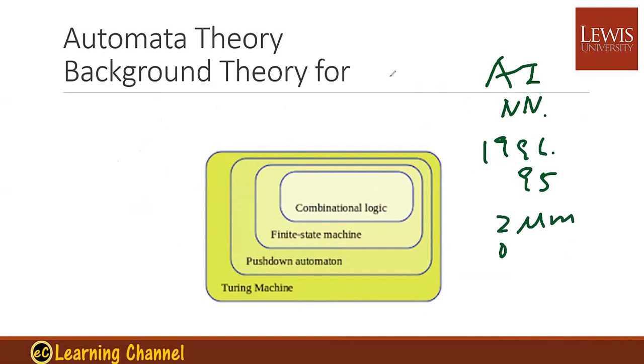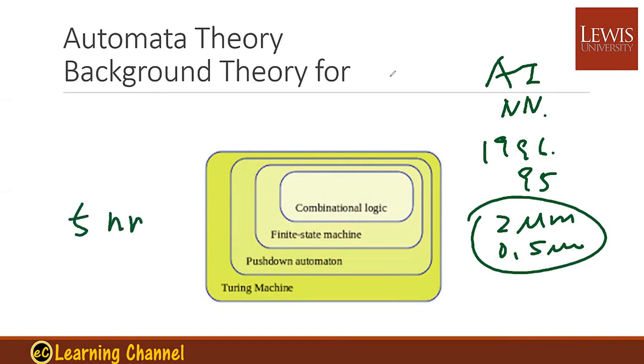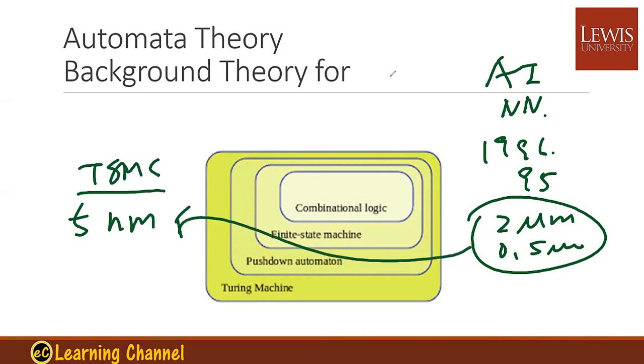And then later 0.5 micron. And now we are talking about 5 nanometer in TSMC. I talked about it yesterday. So from here to here, it's an order of 500 to 5. So it's actually an order of 100.